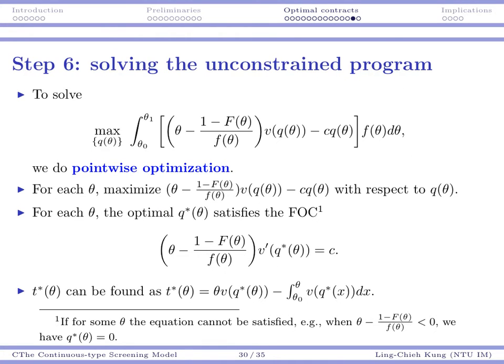Okay, lastly, we want to find q to solve this particular program. So still here you have so many variables, but the interesting part, or the easy part, is that all these problems are independent. You can solve q of theta for each theta independently.